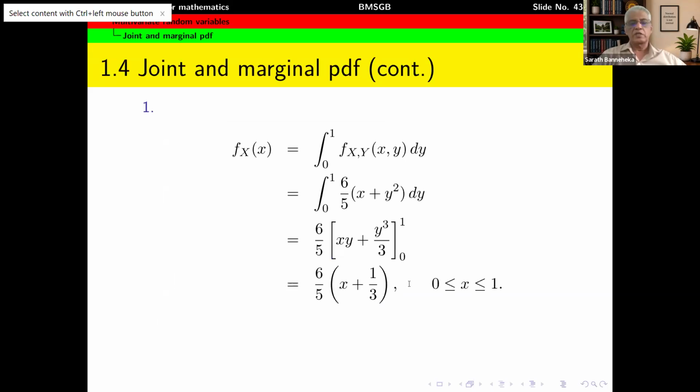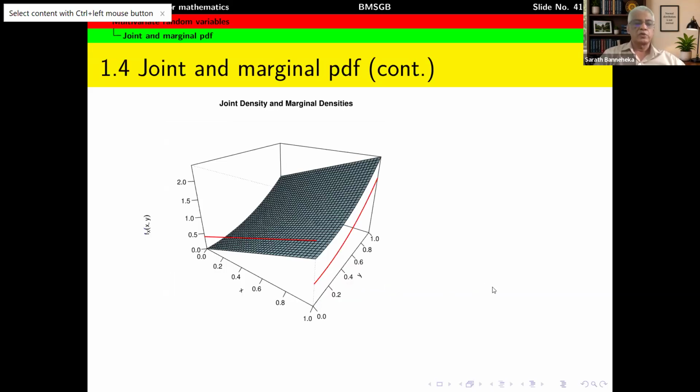The marginal density function is a linear function, a straight line, with x going from 0 to 1, and you can see in the graph that it's a straight line. This is the marginal density function of x obtained by integrating the joint density with respect to y.